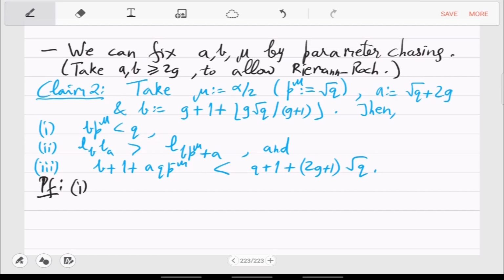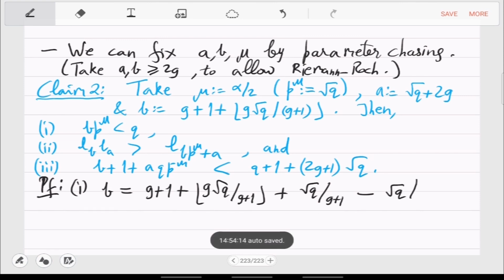So what is B? So let's first see what B is. B is G plus 1 plus and what is this part?